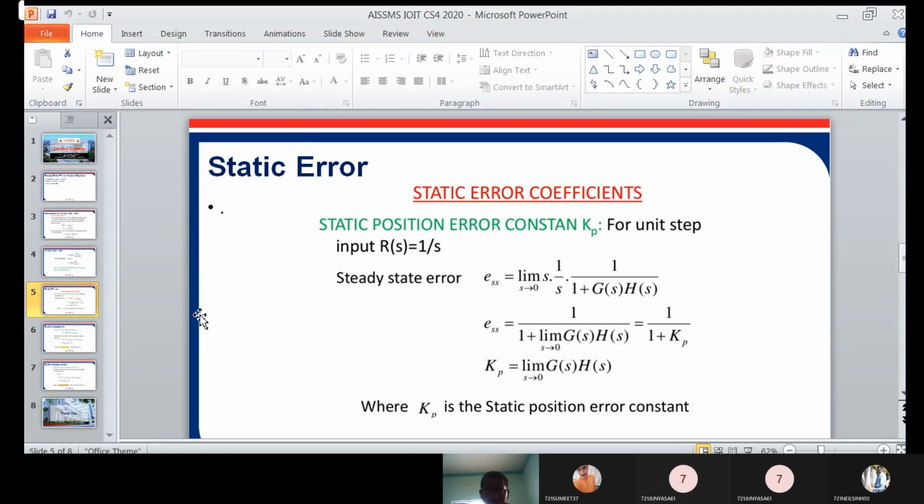By putting that in the steady state error formula, it comes as 1 divided by 1 plus limit s tends to 0 G(s)H(s). Here the position constant Kp is defined as limit s tends to 0 G(s)H(s), and this is the proper way of calculation of the static position error constant Kp.